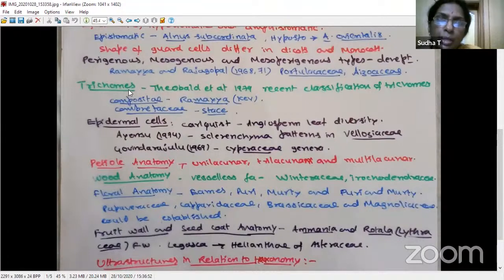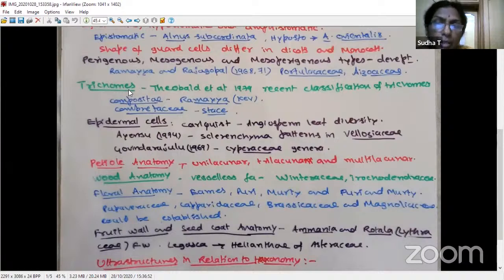The trichomes are epidermal growths. Very different types of trichomes are seen: unicellular, multicellular. More commonly, at least as we know, Malvaceae is a known family to all of us. The Malvaceae members are very unique in having a special kind of trichomes. They are called stellate hairs, star shaped. Normally, just a growth like simple unicellular structures is seen, but star-shaped trichomes are the important character of the Malvaceae.